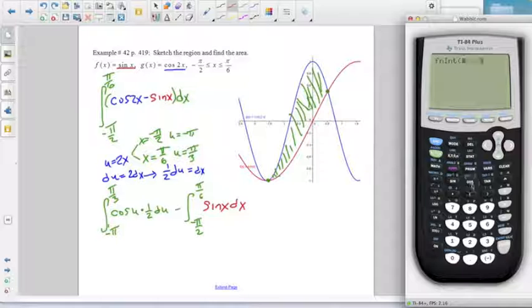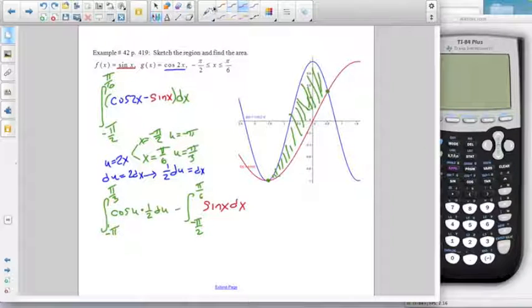So we have cosine, and actually before I go any further, I'm going to clear everything out, because the first thing I notice is that we need to be in radian mode here.